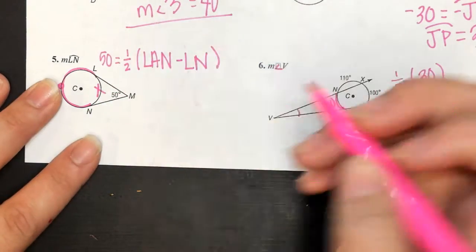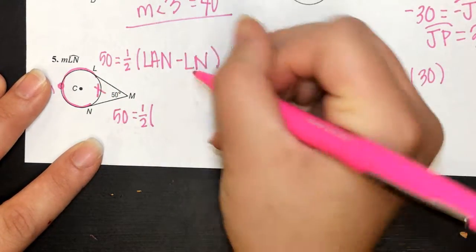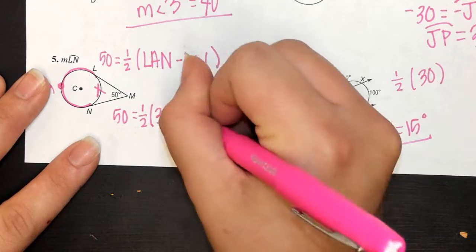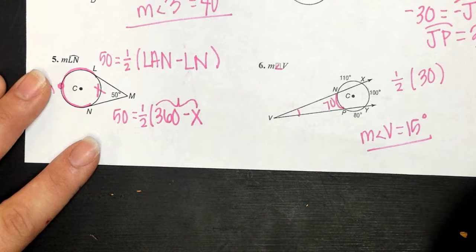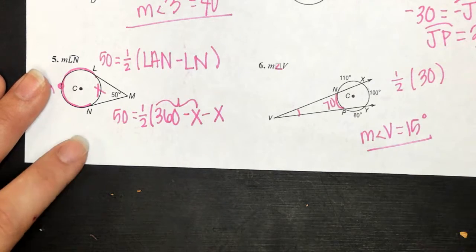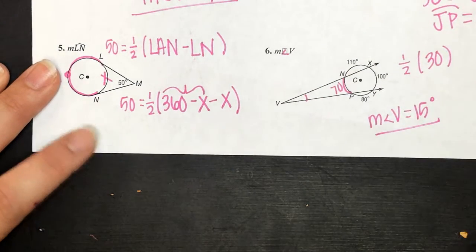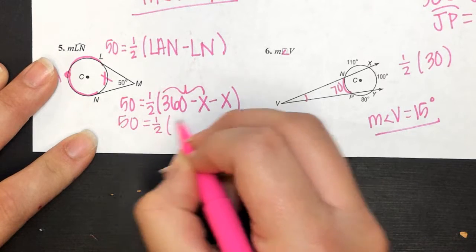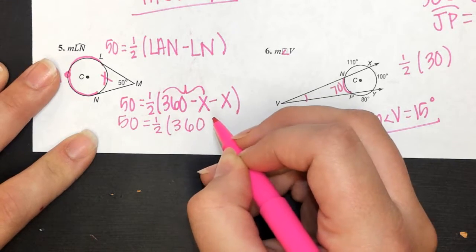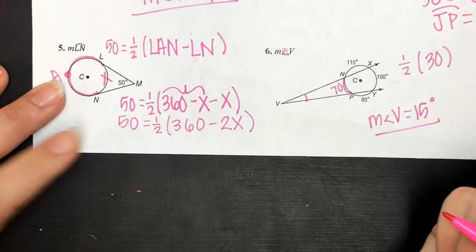Okay, so instead of writing LAN, let's plug those in. 50 equals 1/2. LAN is 360 minus X. So all of this took place of just the LAN. And then what did we call LN? X. So another minus X. So keep simplifying. 50 is equal to 1/2 of 360 minus X minus 2X. Keep going. Simplify for X, and that will be your answer.